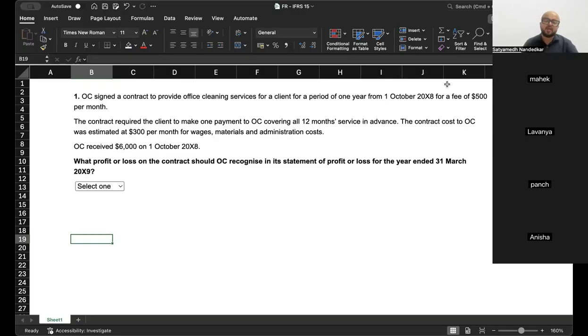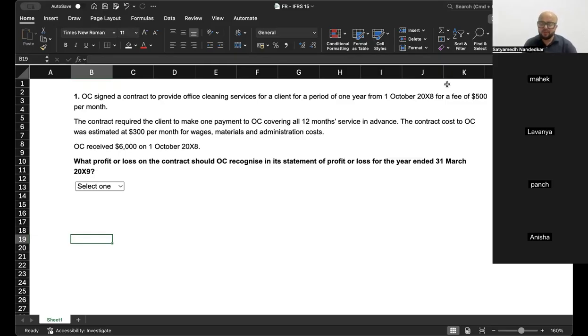The contract required the client to make one payment to OC covering all 12 months in advance. The contract cost to OC was estimated at $300 per month for wages, material, and administration cost. OC received 6,000 on 1st of October 2008.